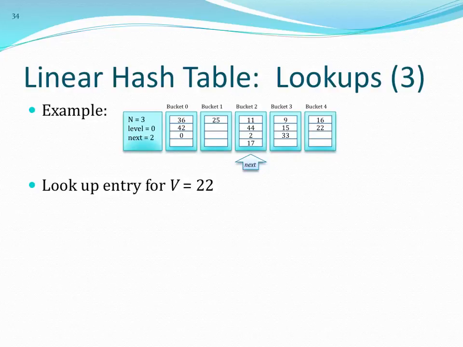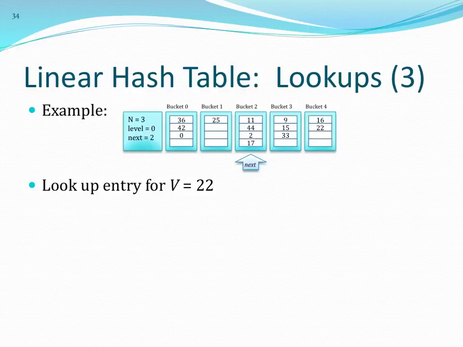So how does 1 compare to next? It's not next or greater, so that bin has been split. And so I need to go ahead and use the level 1 hash function, which is 22 mod 6, and that will tell me where it actually is. So 22 mod 6 gets 4, I think. And we go and look at bucket 4, and lo and behold, that's where it is.